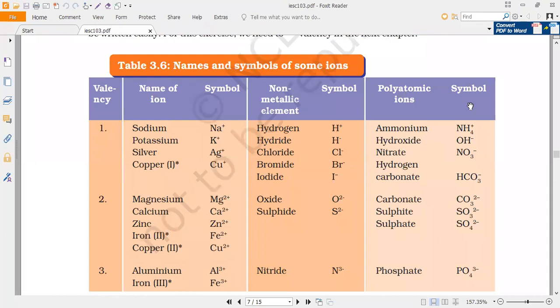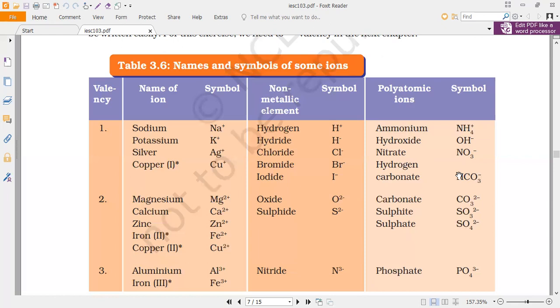Remember, this entire light orange color, everything is called polyatomic ions only. But all are negative only. Check it. Minus, minus, minus, 2 minus, 2 minus, 2 minus, 3 minus. One and only positive polyatomic ion is what, guys? Ammonium. So what is the valency? Plus 1. Okay.